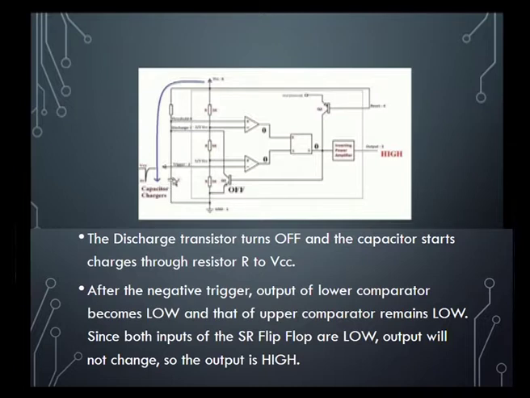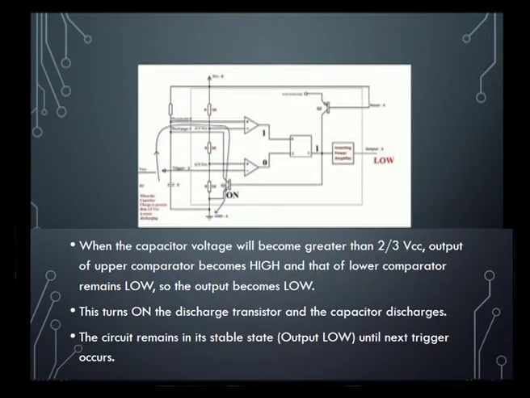This keeps the chip output in a high condition due to the comparator outputs being 0 0 and the flip flop output being 0, because the capacitor charges and makes current flow from VCC through R. Next, when the capacitor voltage becomes greater than 2/3 VCC, the output of the upper comparator becomes high and the lower comparator remains low.